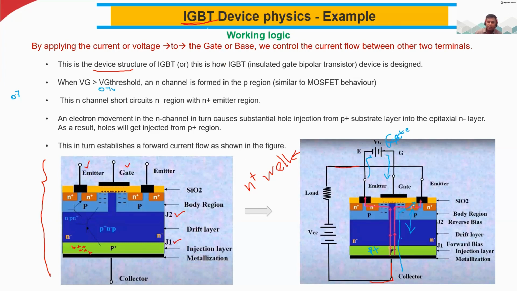We have seen one example, that is the IGBT: how can we make current conduction by applying the gate voltage? So please try to read this topic by yourself in the textbook. Otherwise, you will not really remember any detail afterwards.